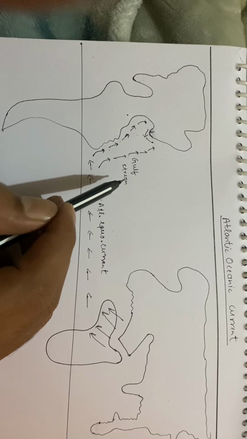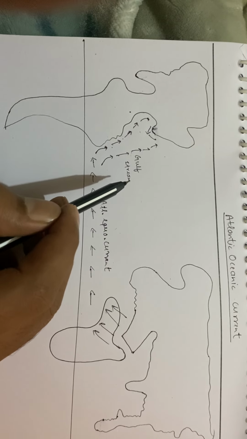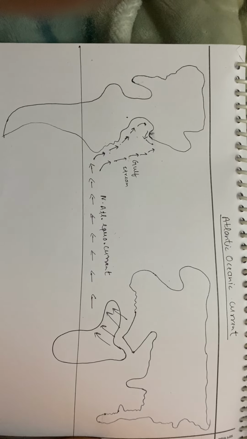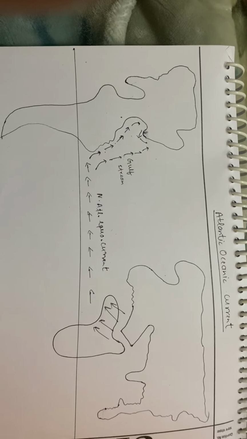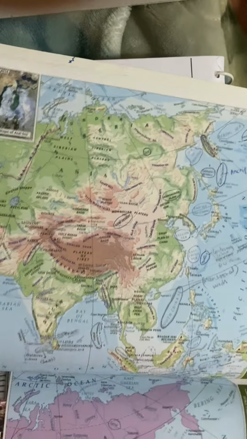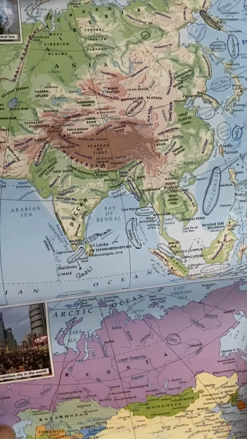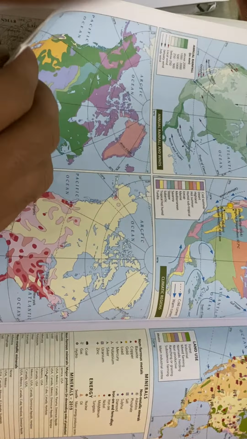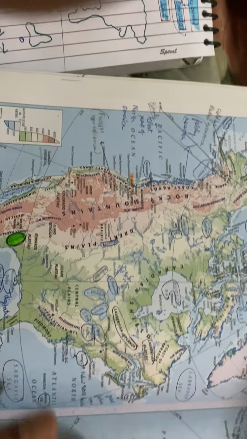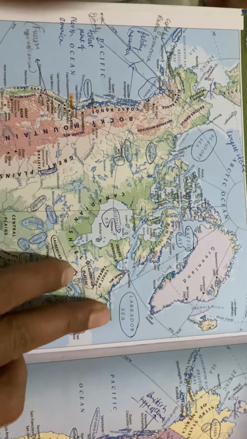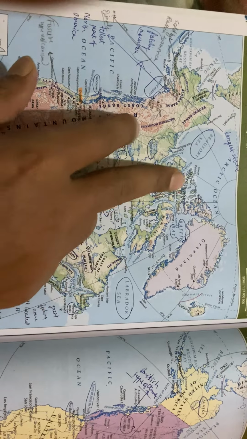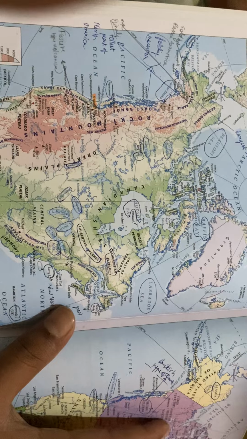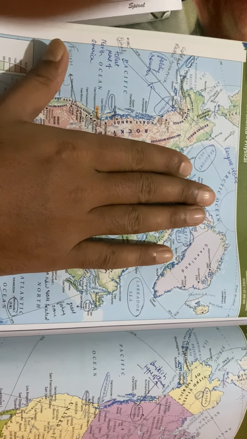On the other hand, when we look at the North American map, let me open my atlas in front of you, then you will understand very easily. This is the North American map. Here you will find the Labrador Sea. This is the Arctic Ocean. The Arctic Ocean is almost in a frozen condition, a very cold ocean.